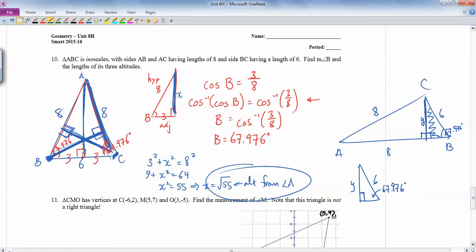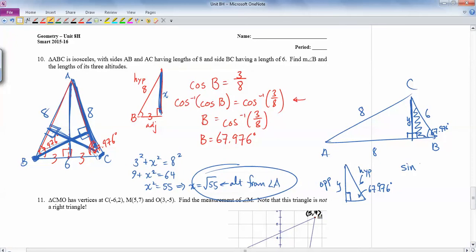So y is the opposite side, 6 is the hypotenuse. So the one that uses opposite and hypotenuse is sine. So sine of my angle equals the opposite over the hypotenuse.